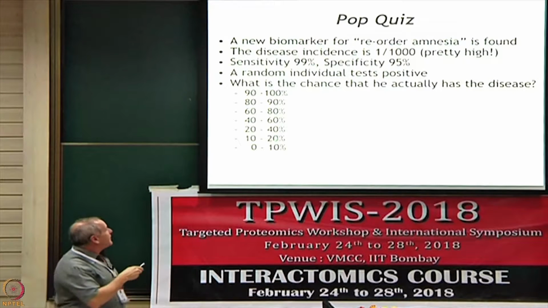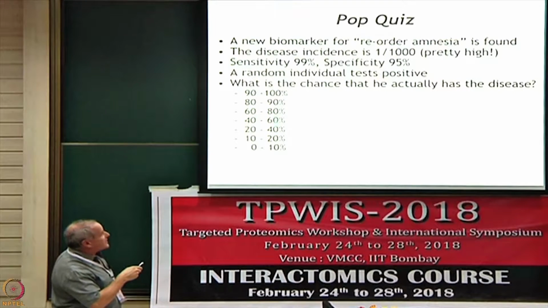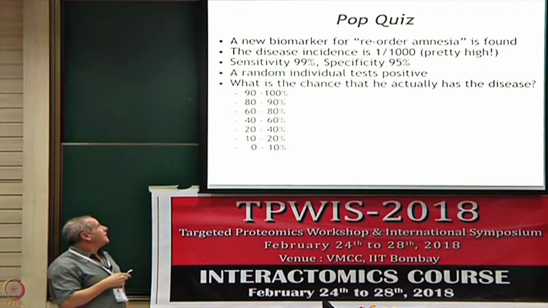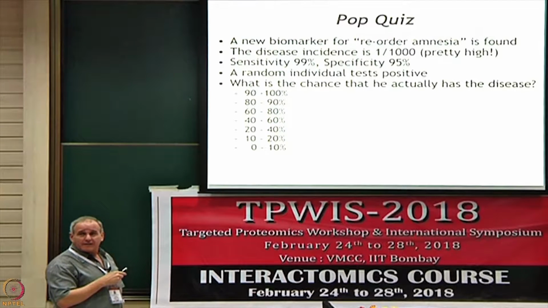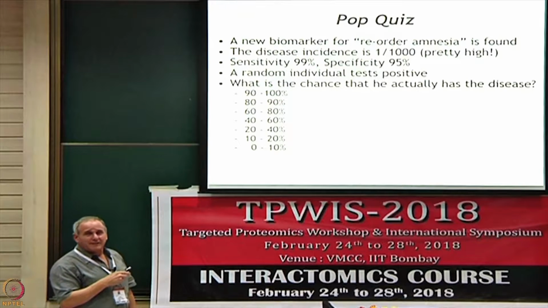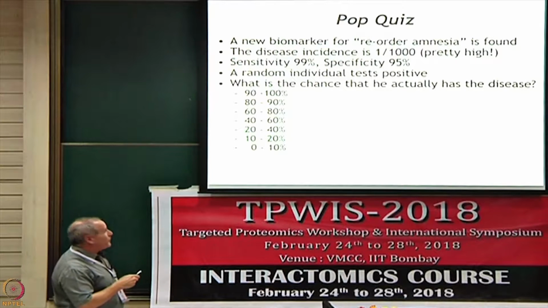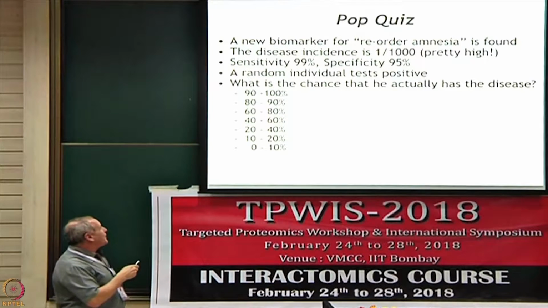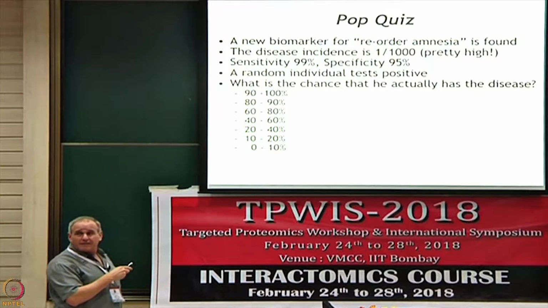Okay, got one of those. How many people think it's 60 to 80% chance that he actually has the disease? How about 40 to 60? You can raise your hand, some answer at least. I'm going to assume you got it all wrong if you didn't get it. 20 to 40%? I got a few for that so far. Okay. How about 10 to 20?